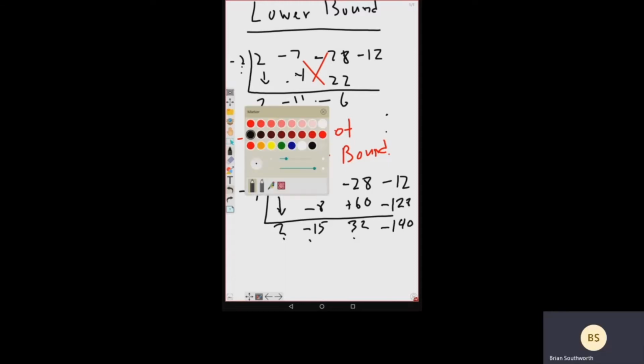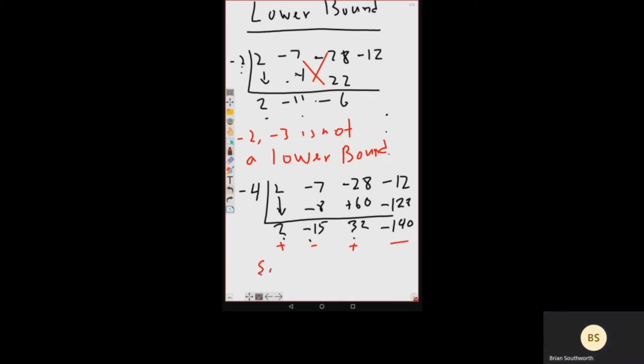And look at that. Plus, minus, plus, minus. So minus 4 is a lower bound.